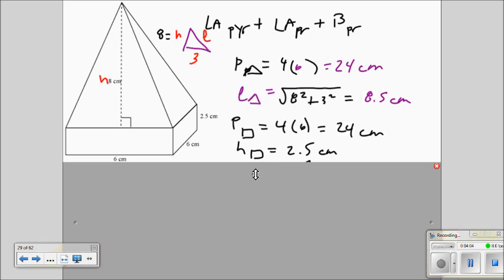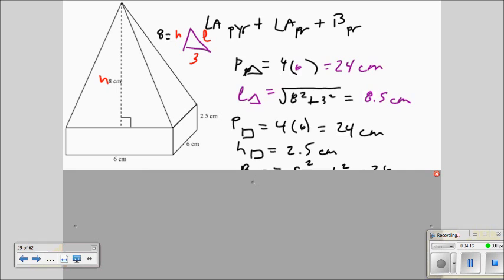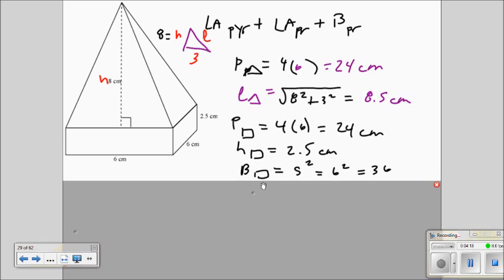So now I have everything I need to find the lateral area of my pyramid and my prism. I also need to find the base area of my prism. Since it is a square, again, you take the side and you square it. So I take 6 and I square it and I would get 36.